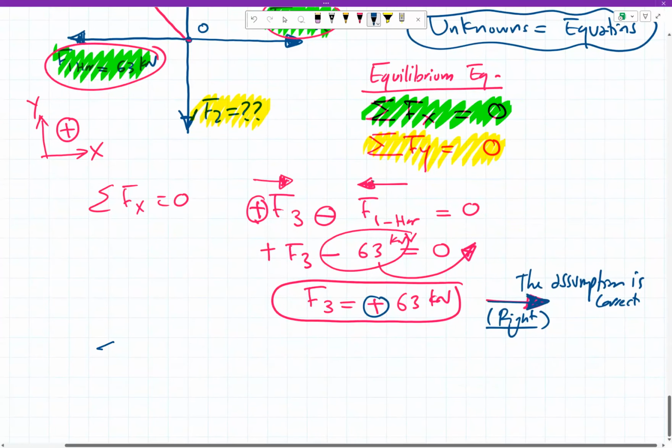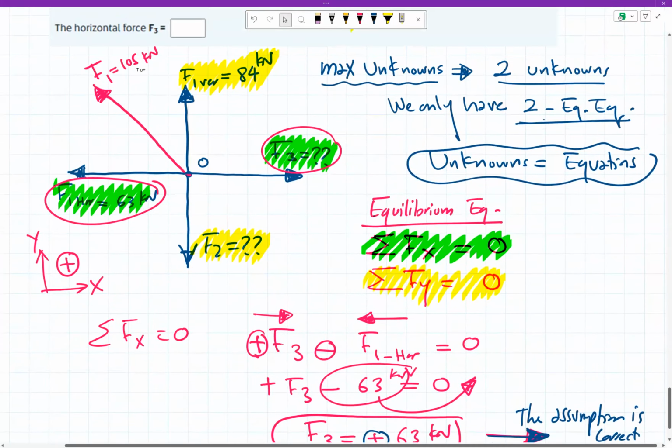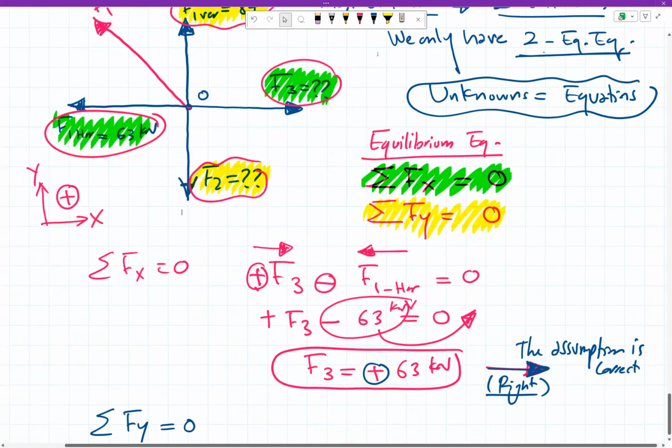What about summation Fy? How many forces in y direction do we have? Two, this force and this force. Can you help me to do the formula? F1 vertical is upward.